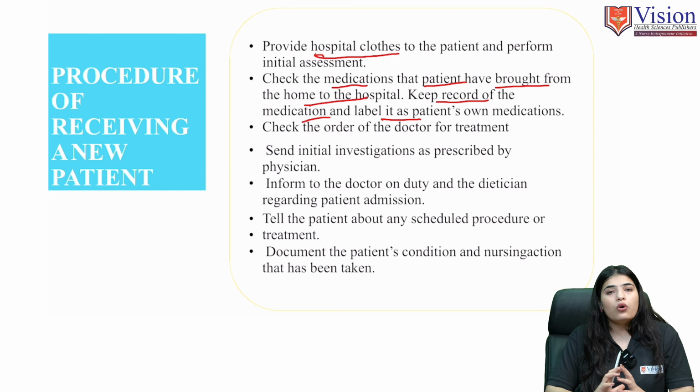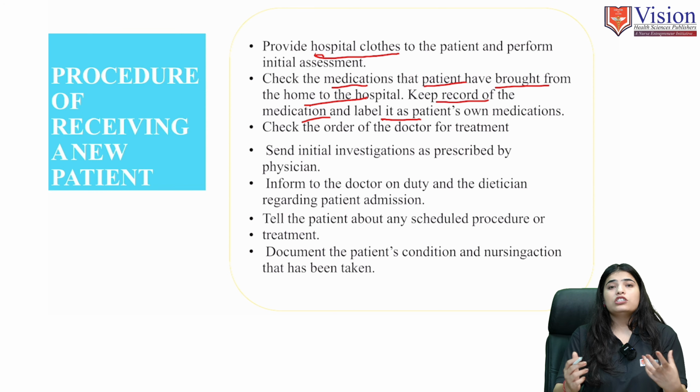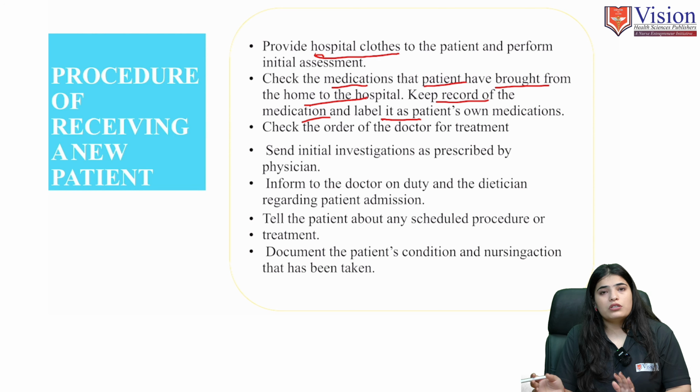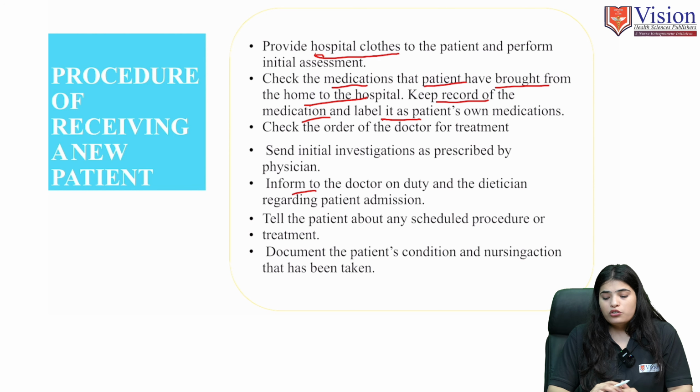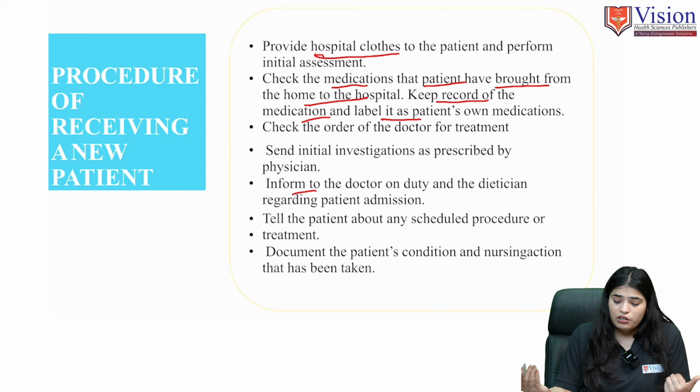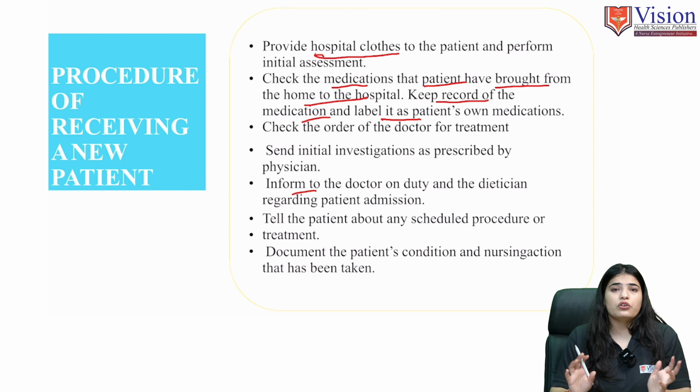Check the orders of the doctor for the treatment and send the initial investigations to the lab, and inform the doctor on duty and dietitian regarding the patient admission, and tell them about the scheduled procedures and treatment when we have to do that, and document every condition of the patient or nursing action that you take on the patient. So this is the basic procedure.